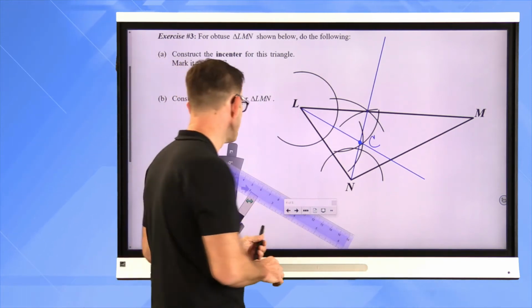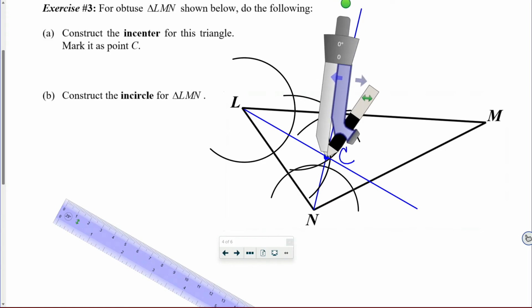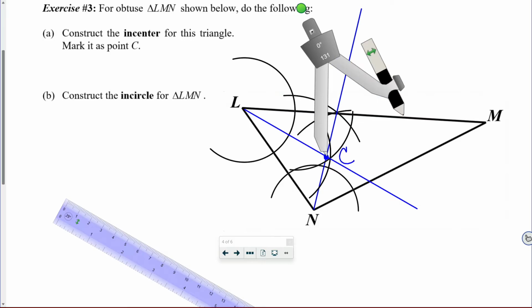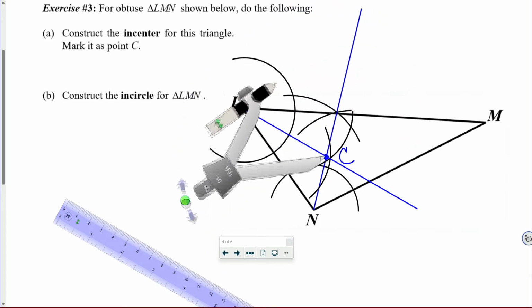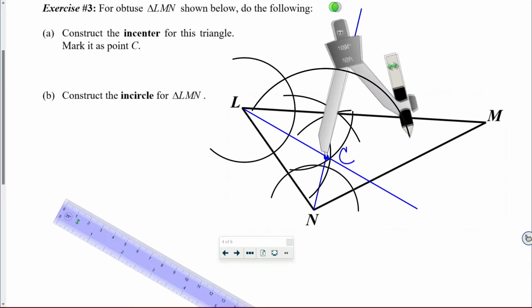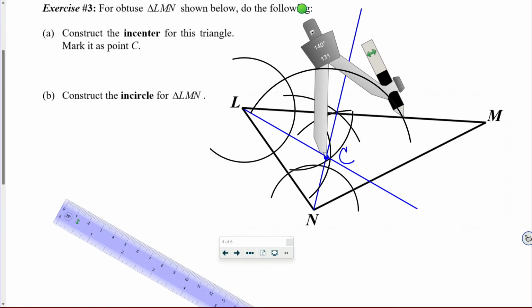Should be simple enough. So let's draw a line that is perpendicular to LM and passes through C. Now again, remember to do that. The first thing I have to do is draw an arc through LM, centered at C, that intersects LM twice.